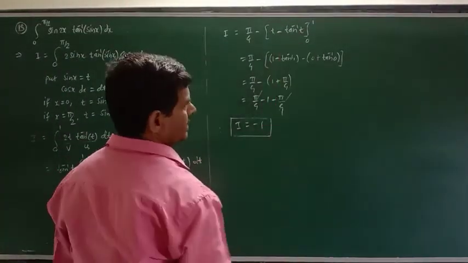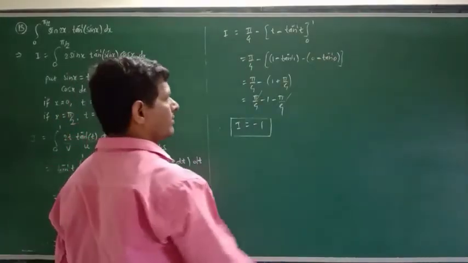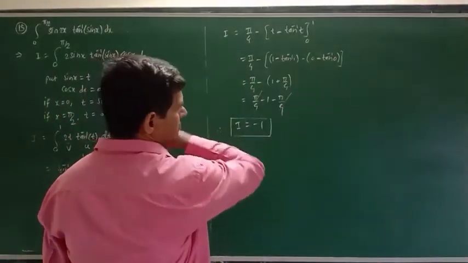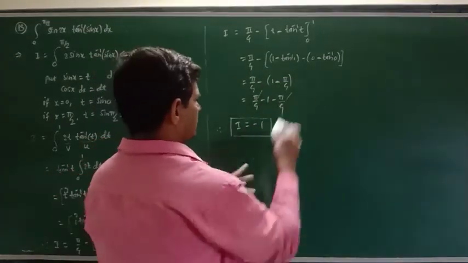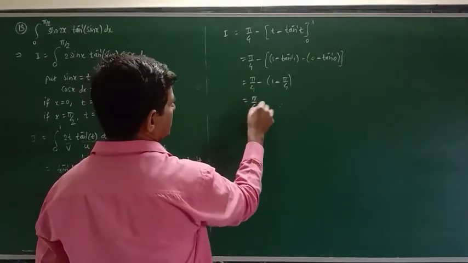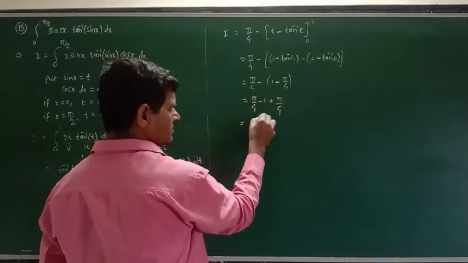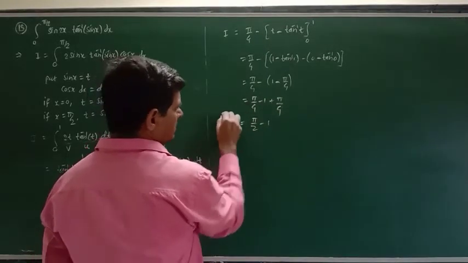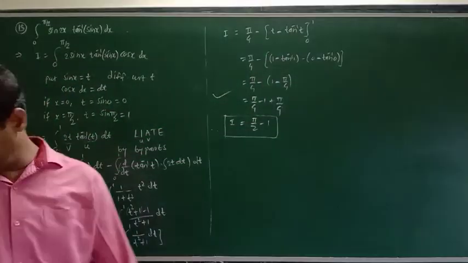Okay, t minus tan inverse 1, minus lower limit 0 minus tan inverse 0. So the value is pi by 4 minus 1 minus tan 1 minus pi by 4. So the final answer is pi by 4 minus 1 plus pi by 4. Pi by 4 plus pi by 4 is pi by 2 minus 1. This is the final value of this definite integration.